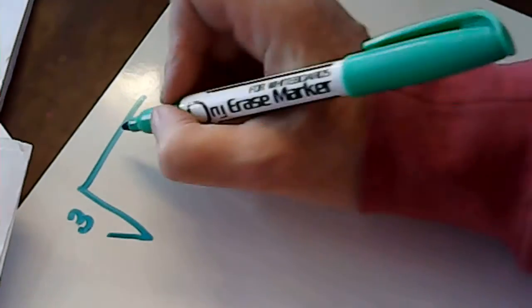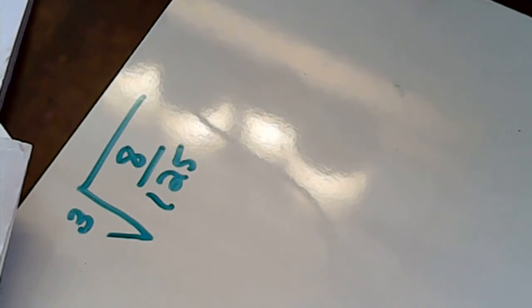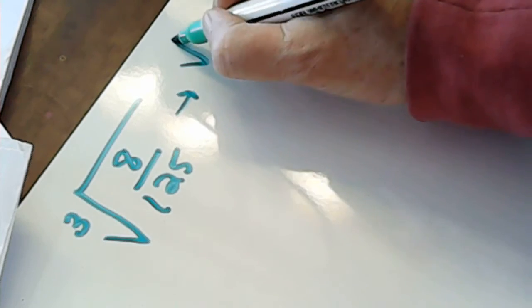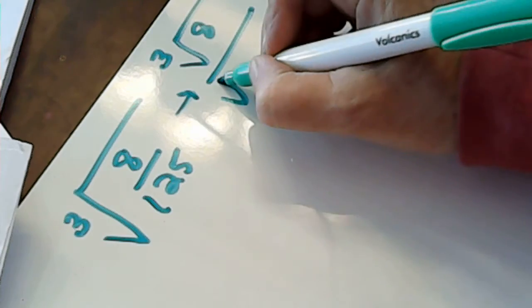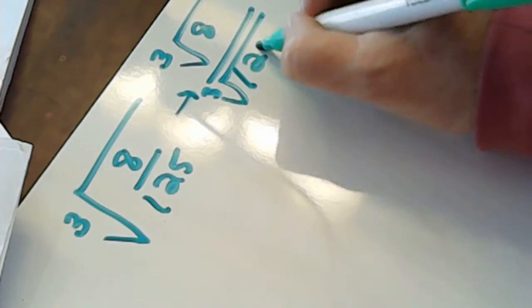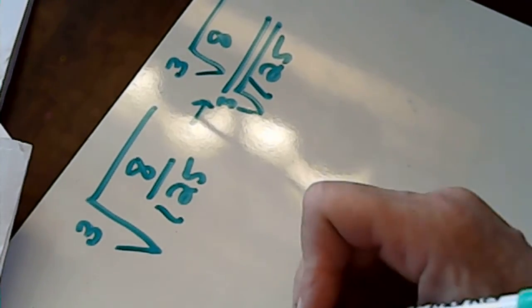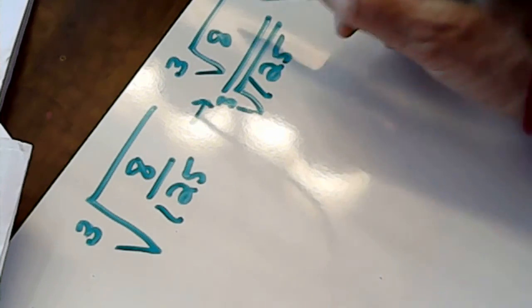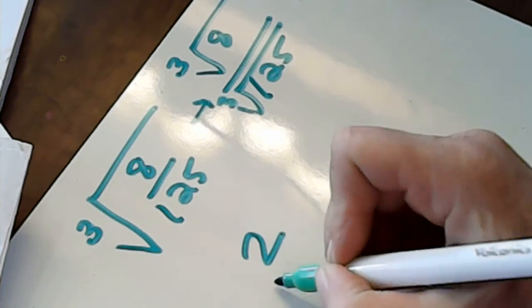So if I have a cube root of 8 over 125, what is the cube root of 8 over the cube root of 125? And hopefully you can see it as what number times itself 3 times, or what number to the third power gives me 8, and you know it's 2.